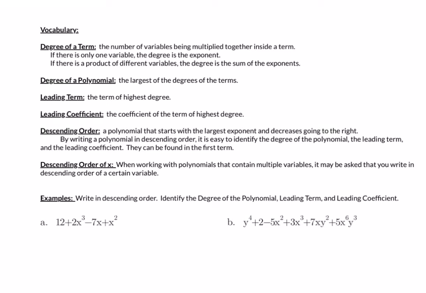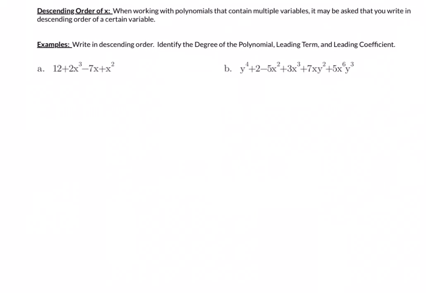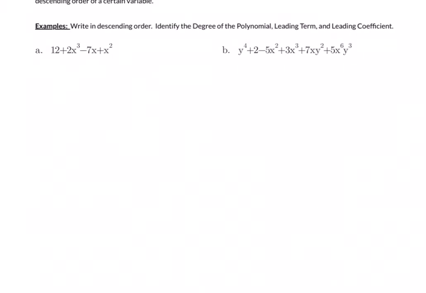Okay, so let's go ahead and look at some examples of this. We want to write in descending order, and we want to identify the degree of the polynomial, the leading term, and the leading coefficient. So if we look at example A, if we write this in descending order, what is my largest exponent?